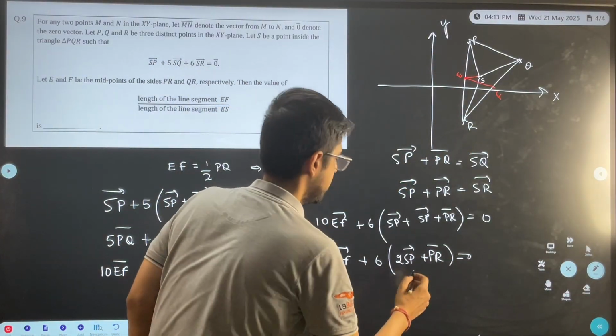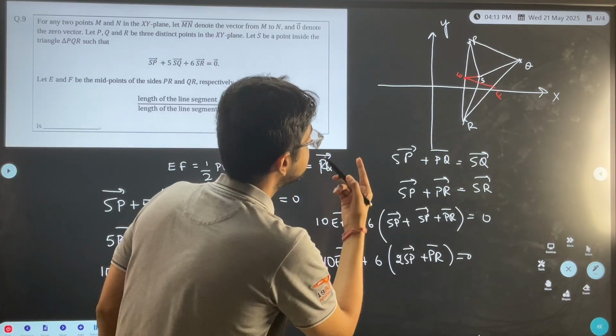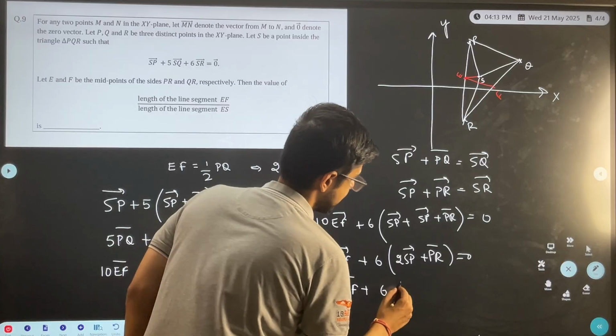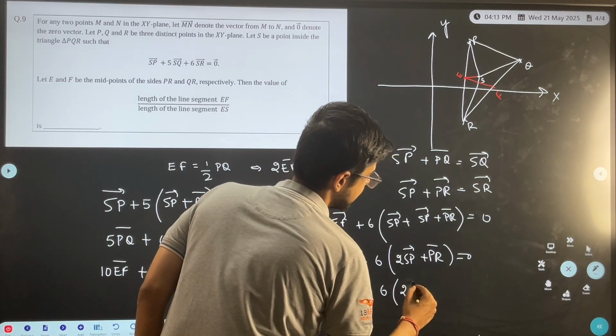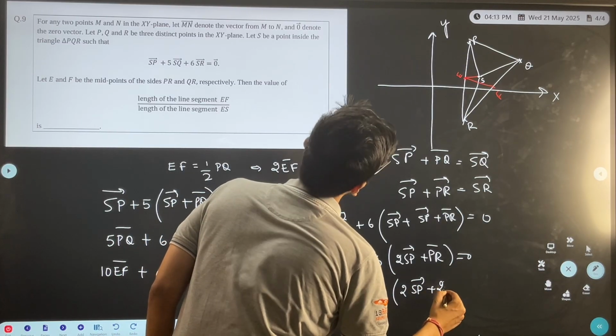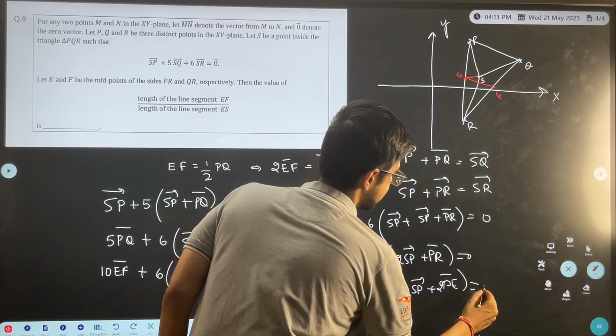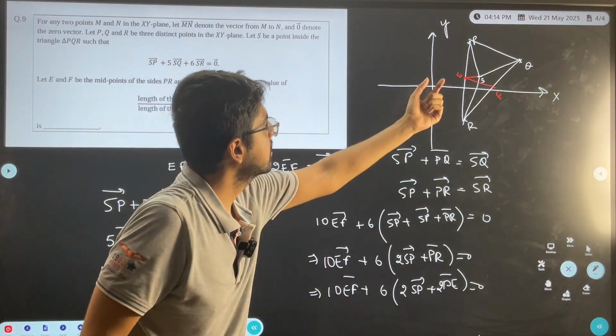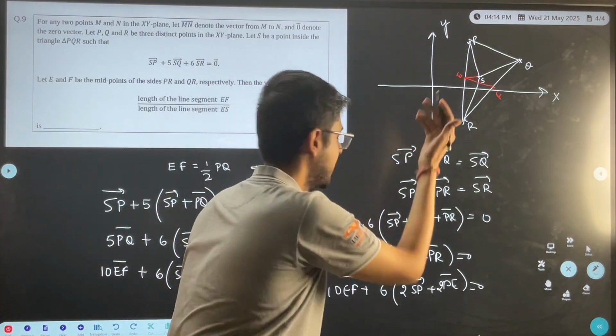So, I can write PR bar as 2 times PE bar. 10 times EF bar plus 6 times 2 times SP bar plus 2 times PE bar is 0. If I take 2 common, I will have SP bar plus PE bar, which is nothing but SE bar.